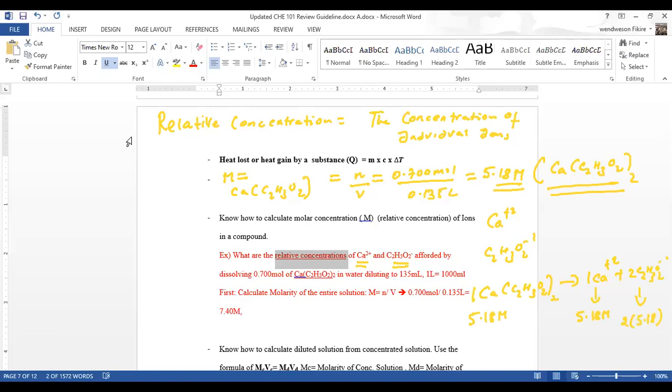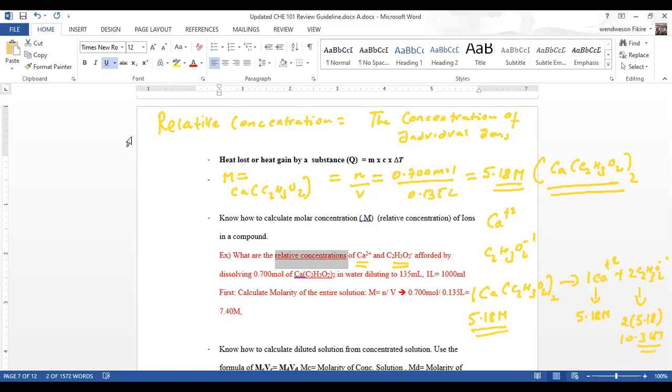So in this case, the relative concentration of acetate would be 5.18 times 2, which is 10.36. Yes, it's going to be 10.36. And the calcium will be 5.18 molarity.